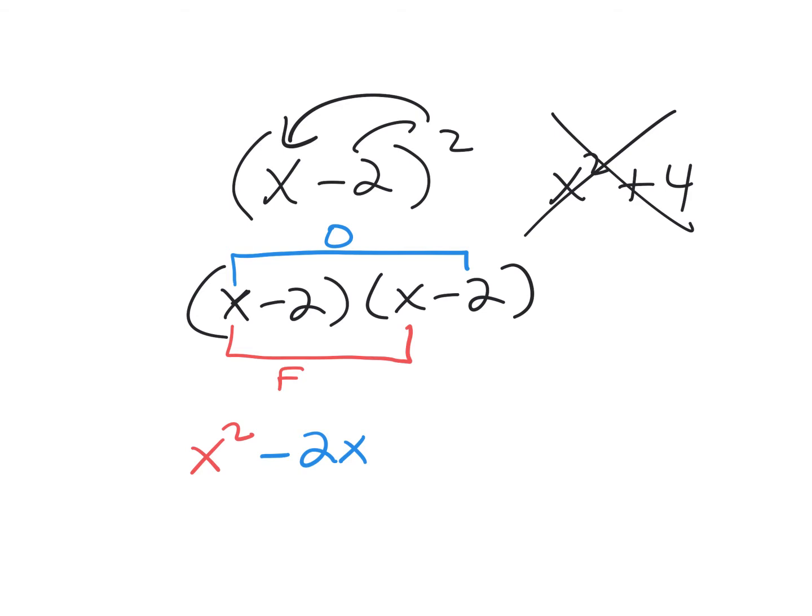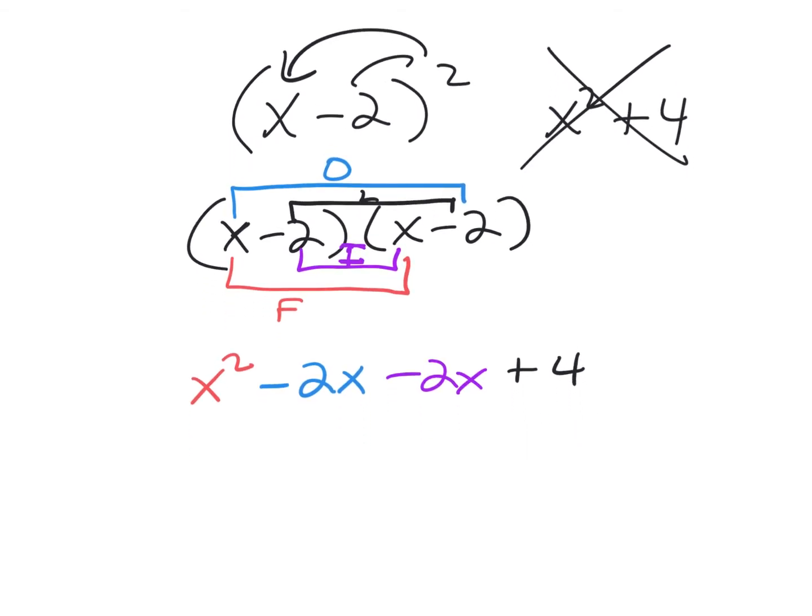Then we have to distribute the -2 to the x, or that would be the inside numbers. And then finally, we would do the 2 last numbers, or distribute the -2 to the -2. And that would be our acronym FOIL. And again, these middle terms can always be combined.